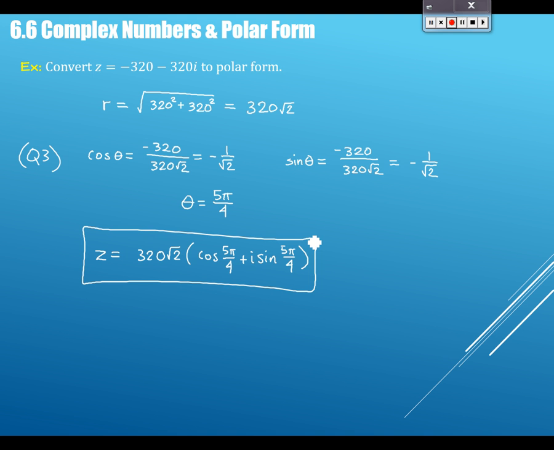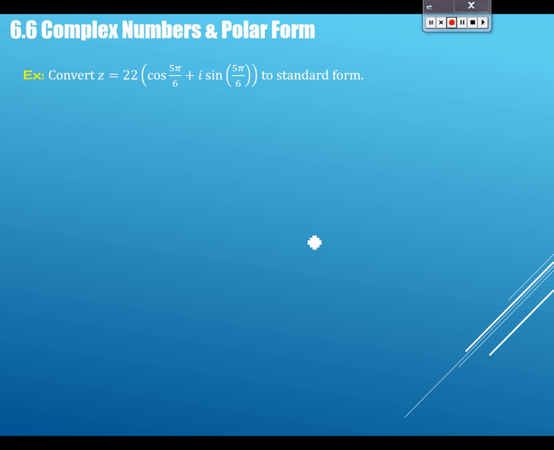Okay, let's do one more before we go. Convert a polar form to a rectangular form in the way I actually just described, right? Just multiply it out. Evaluate the cosine, the sine, and multiply by 22, and just walk away. For this, we need to remember what the cosine of 5 pi over 6 is, and the sine of 5 pi over 6. What is it?